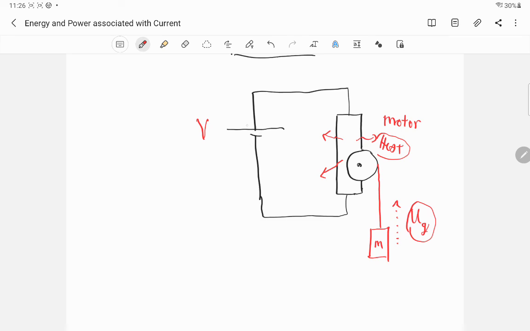And the energy of the battery is going to do those two things. If you generated a lot of heat from your motor, you would say that's not a very efficient motor. Efficient motors don't generate very much heat. The energy from the battery goes mostly to doing the work. You'd say that was efficient.